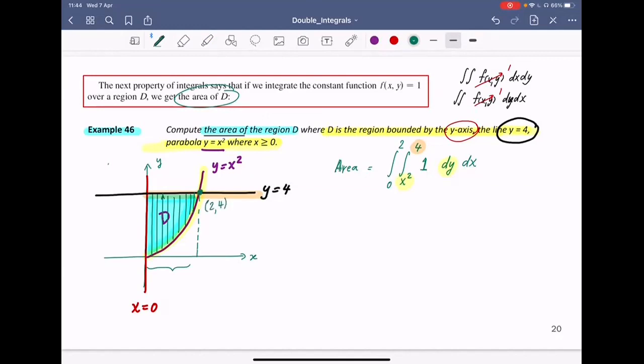Sounds good? This is what I told you: if you cannot draw a picture, it's gonna be nothing. You have to draw a picture first.